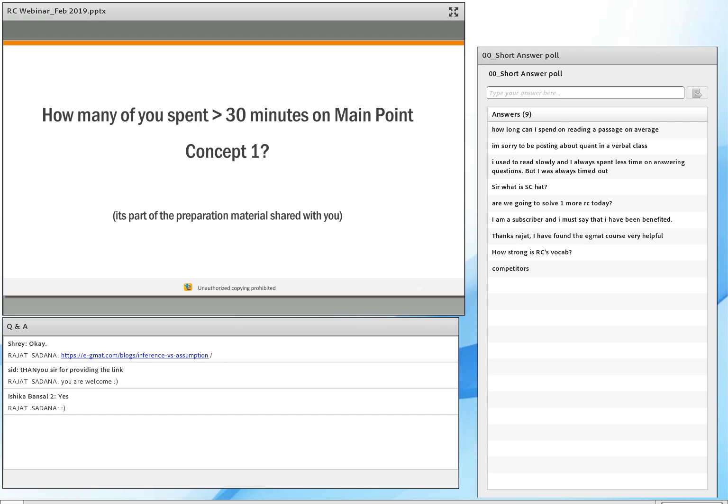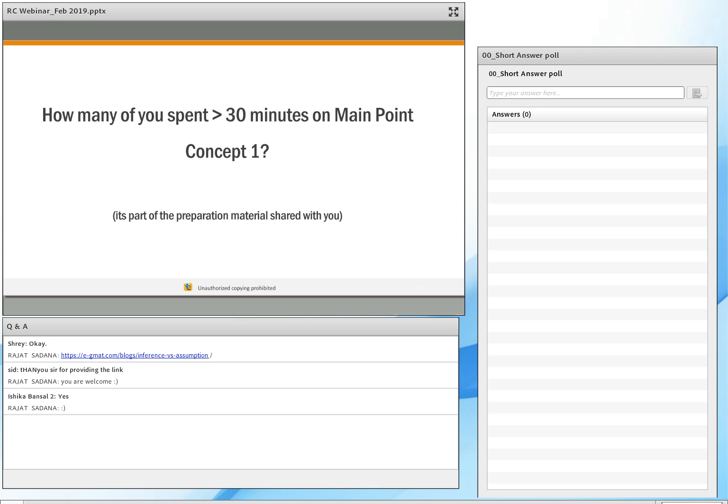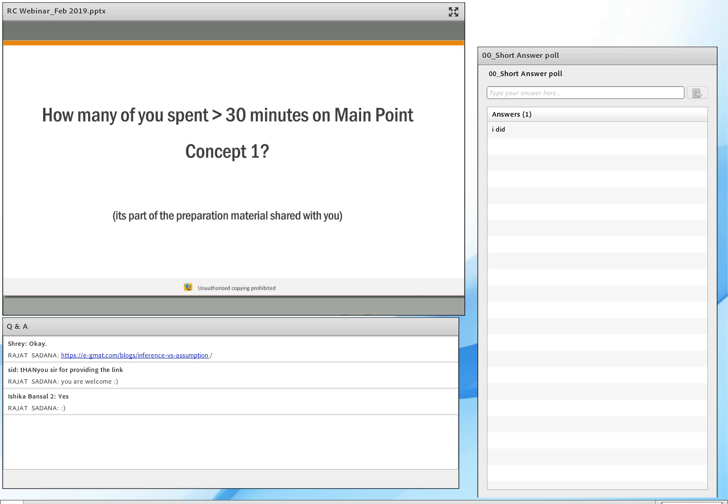Now, a question for you. How many of you spend more than 30 minutes on the main point concept? How many of you spend that? Those of you who did, that is good. That is investment, time well invested. Why? Because the more time you spend on building that foundation, the more you're going to find things become easier for you towards the end.